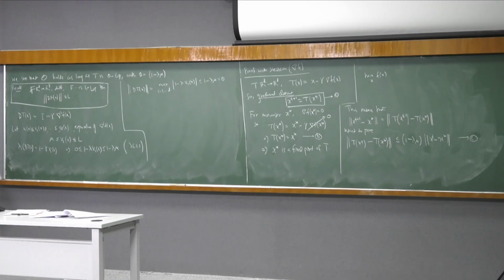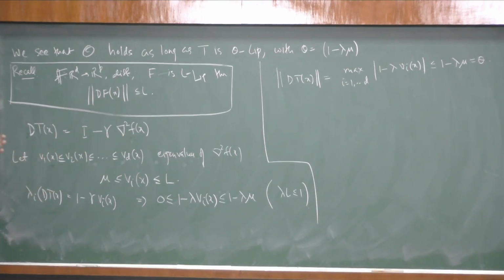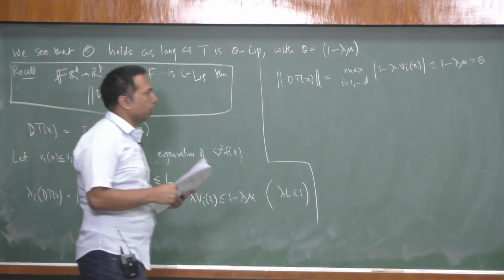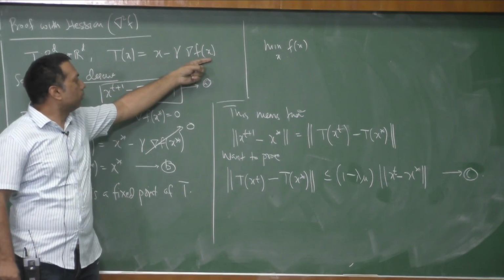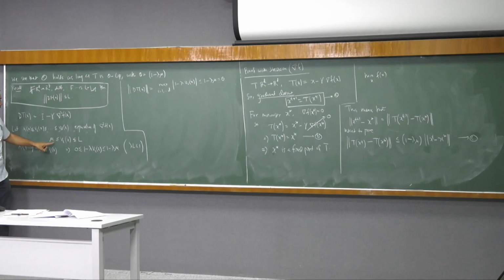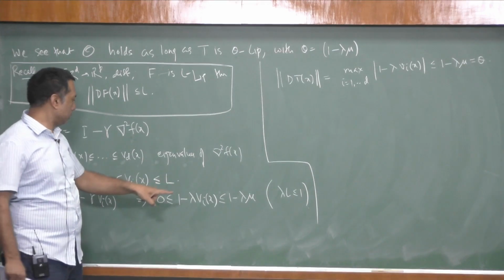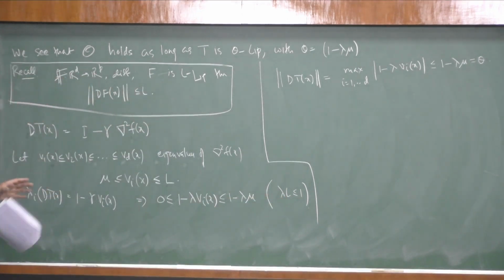So this is another way to prove, but here what you needed was the second derivative. This is another way to see how things are related to eigenvalues. In other words, if the eigenvalues of the function you are trying to minimize lie between mu and L, and your step size is such that lambda L is less than or equal to 1, then you are guaranteed to converge.